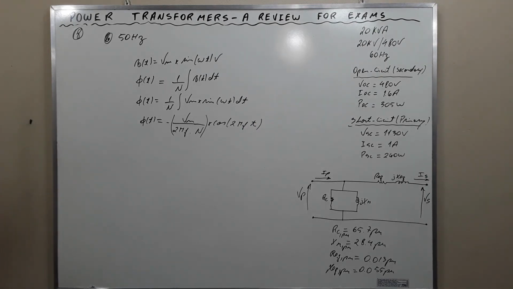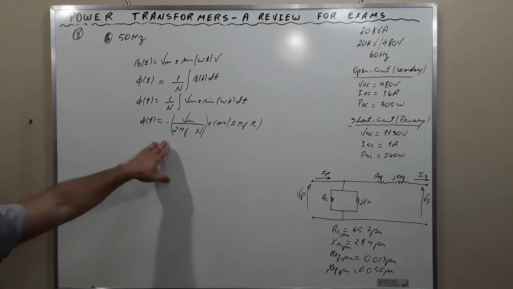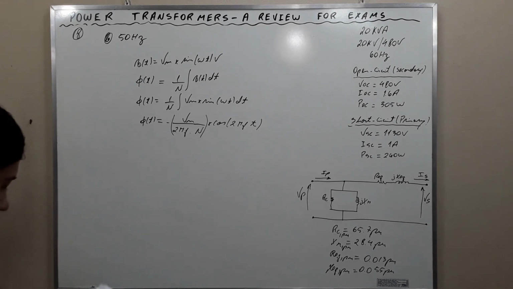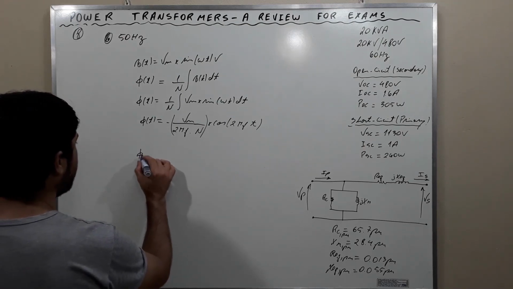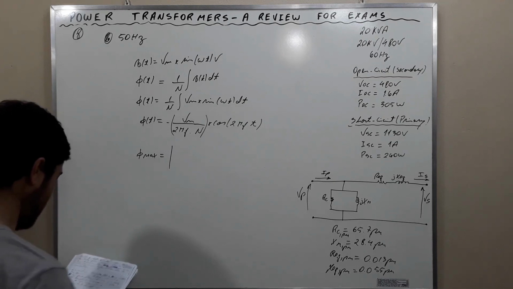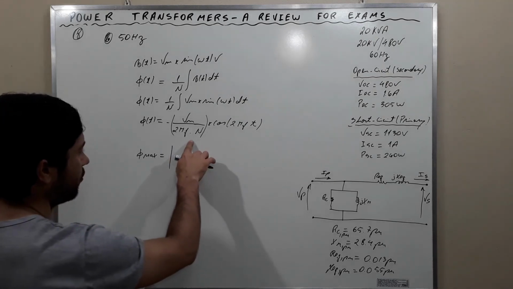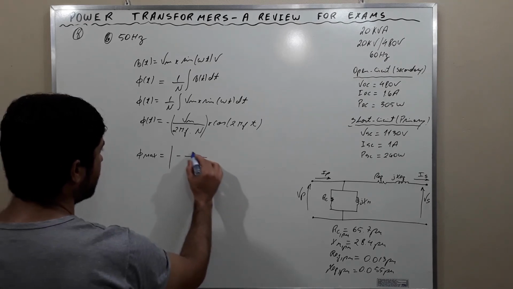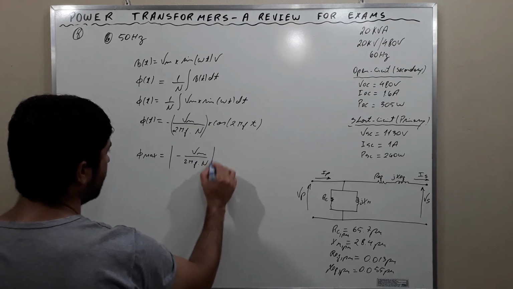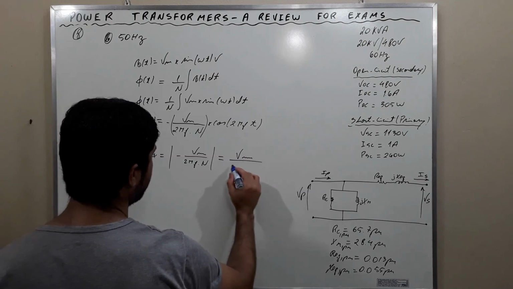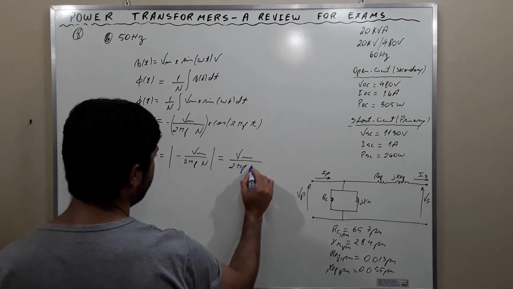And if we want to find the magnitude of this wave here, phi max is equal to the magnitude of this, the magnitude of minus Vm over 2 pi f N, which is Vm divided by 2 pi f N.